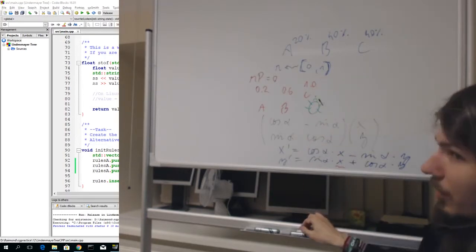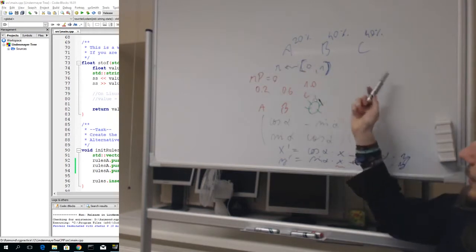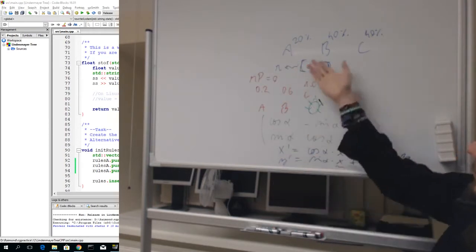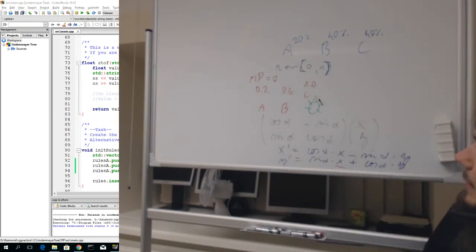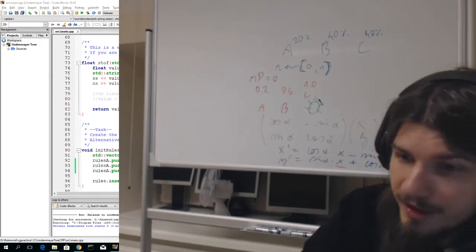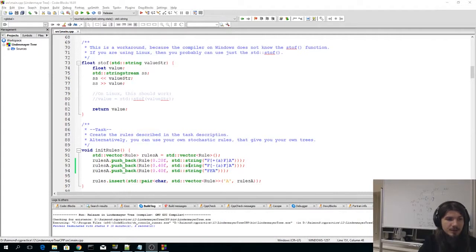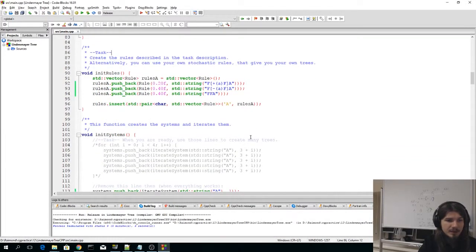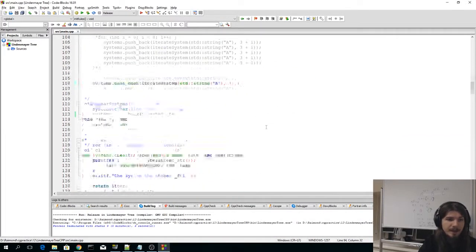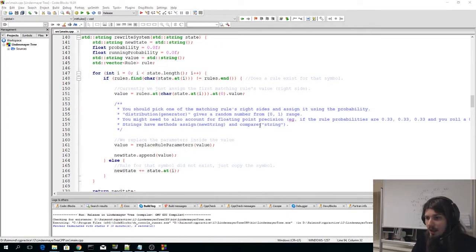So this is how this choice of an item, where each item has a different probability, is usually done. And this is exactly what we want to do here, because each of the rules has its own probability, right? In this rewrite system, you should do that.